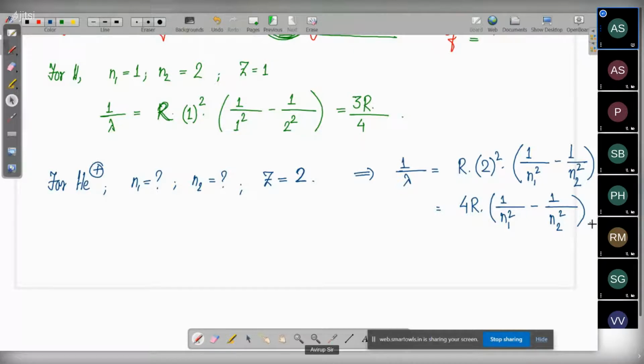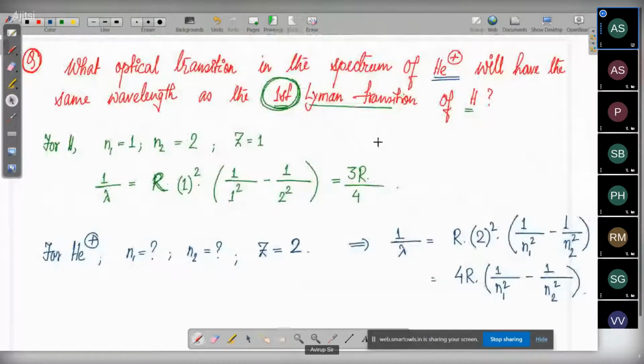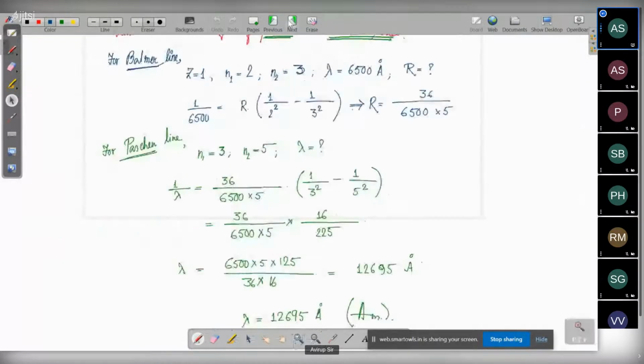And now, however, we know the value of n1. How do you know? Because as you can see, it is told optical transition. And optical transition means, we had already told this in some class, the Balmer series, because that is the only visible one.